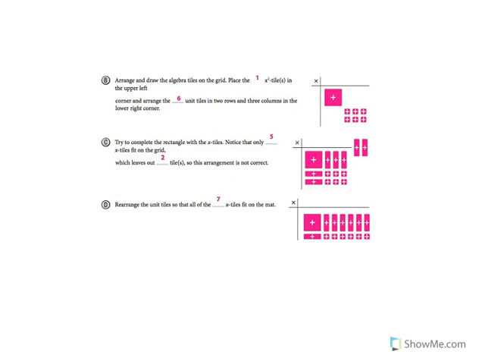B. Arrange and draw the algebra tiles on the grid. Place the 1 x squared tile in the upper left-hand corner and arrange the 6 unit tiles in 2 rows and 3 columns in the lower right-hand corner. Try to complete the rectangle with x tiles. Notice that only some x tiles fit on the grid, which left 2 tiles.